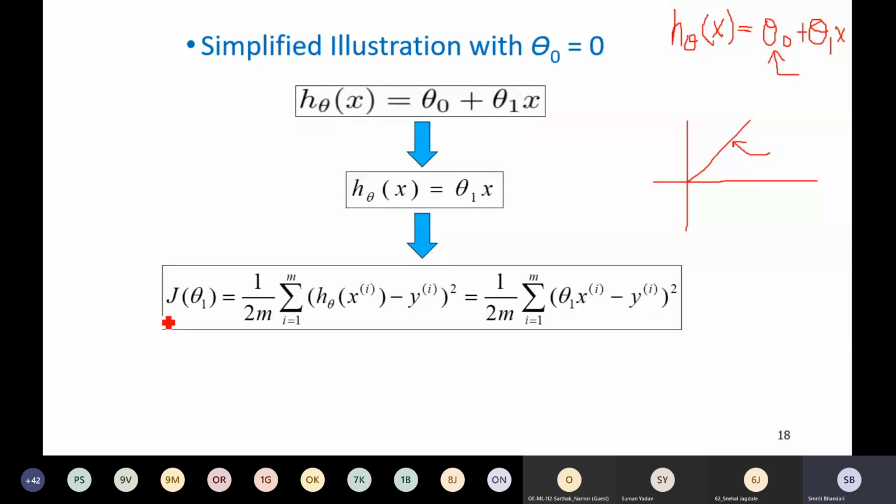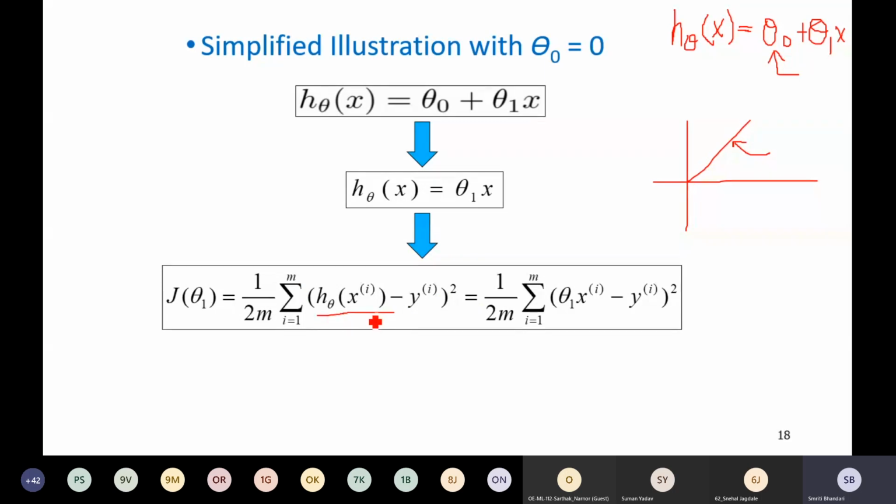How do we represent this now? In a similar way, J of theta 1 equals 1 divided by 2m summation over i equal to 1 to small m, where small m is the number of samples that I am having, h theta x i minus y i, bracket square.